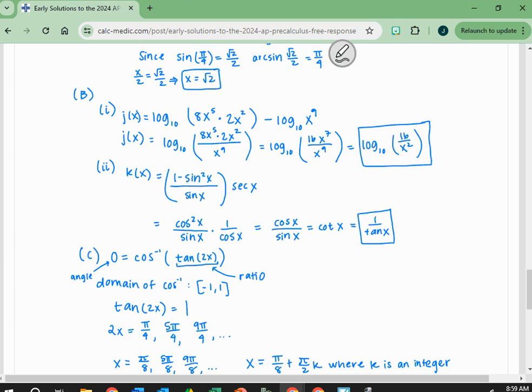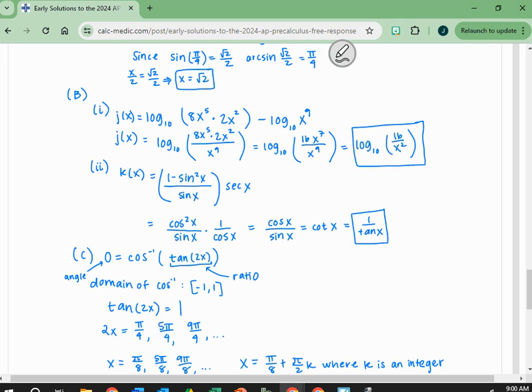I would think potentially, because you did the directions of writing it as a single log. This is just a solution done by someone who works at Calcmetric. This isn't AP Central putting out the solutions. Those don't come out till July. So this is their best guess at it. I kind of think anything that has condensed it to a single log works.